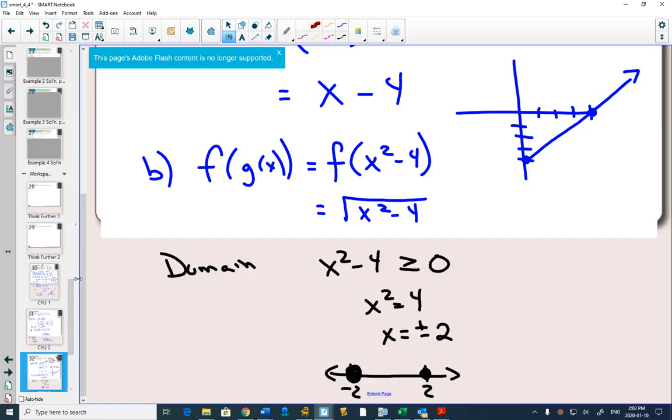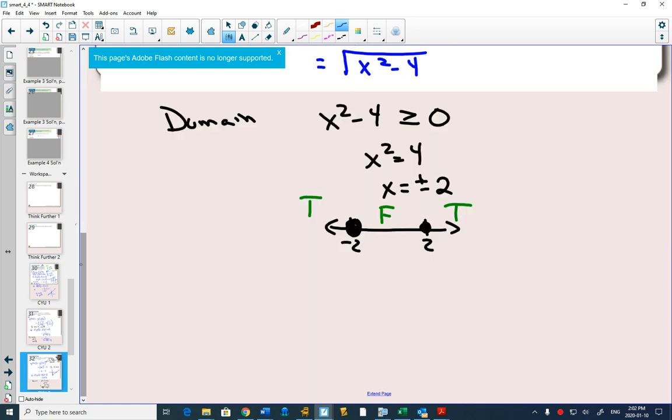Plug in 0, -4, no, that's false. Plug in -3, that's true. Plug in +3, 9 minus 4, that's true. And so we can say that our domain is that x has to be less than or equal to -2 or x has to be bigger than or equal to 2.